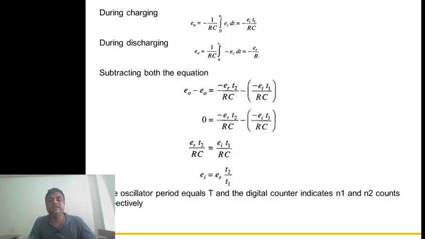It means EI is ER multiplied by the count ratio, so we are able to know the value of EI that will be displayed. EI divided by ER, a normalized value, is equal to T2 upon T1. It means that if the count is proportional to T2 and T1, this count value directly shows the real input voltage.